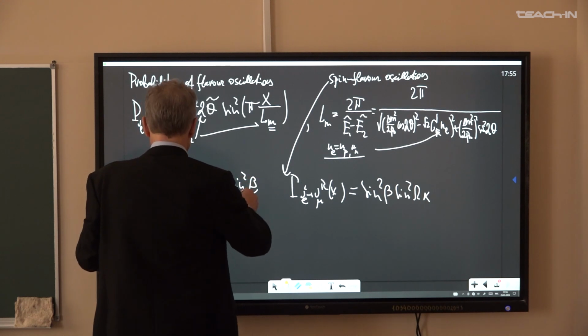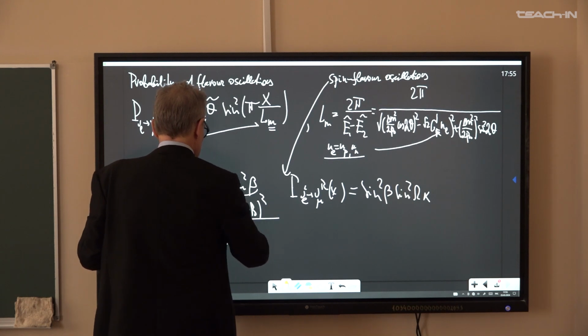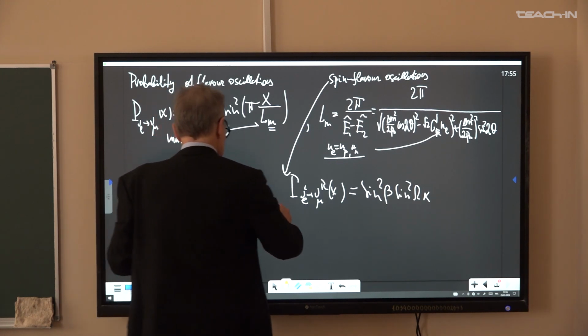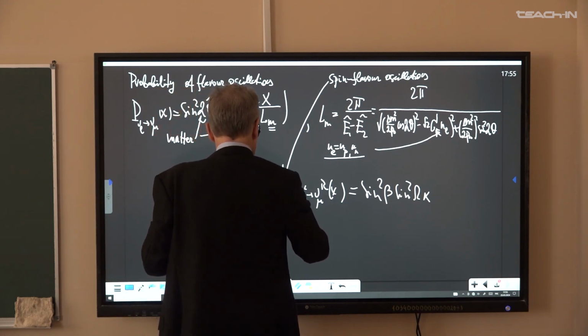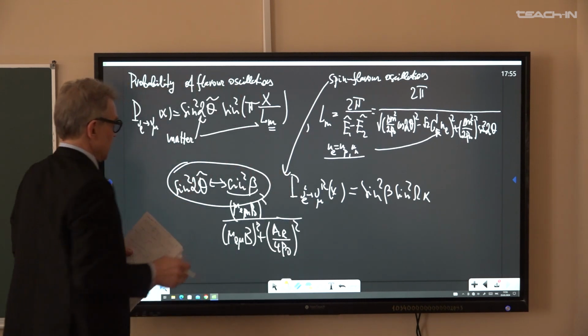And this term is determined by the magnetic moment multiplied by the strength of the field, divided by the magnetic moment times the strength of the field, squared, plus delta LR divided by 4 energy squared. So this is the key point.